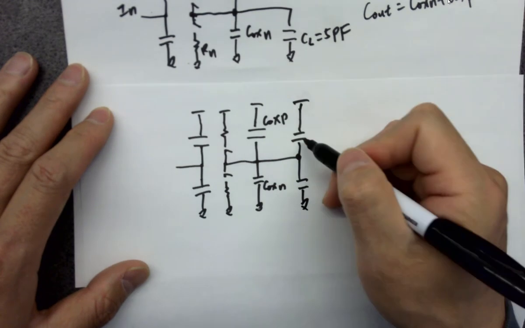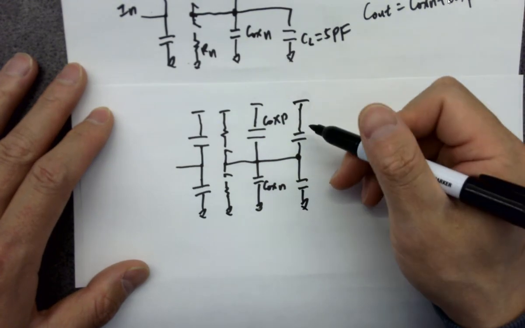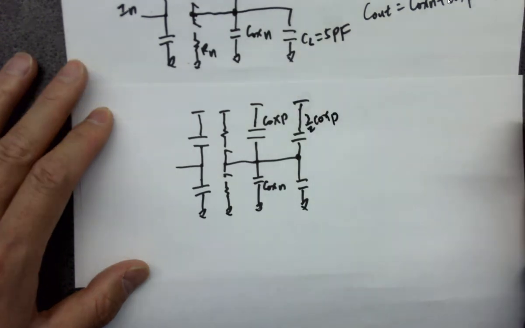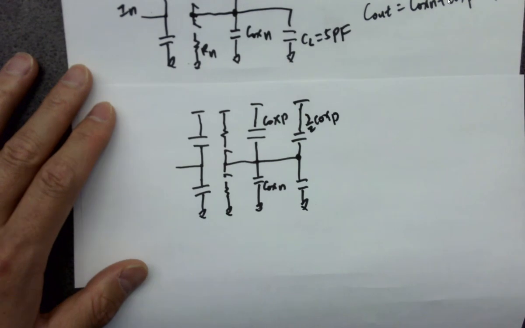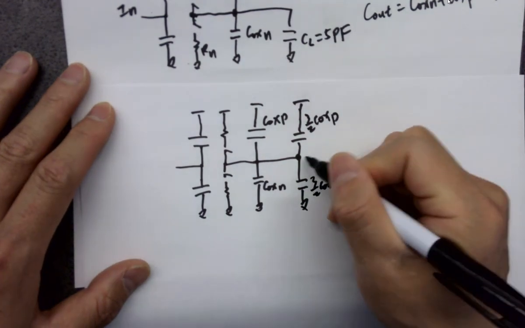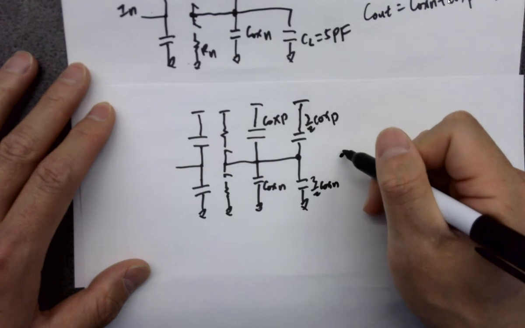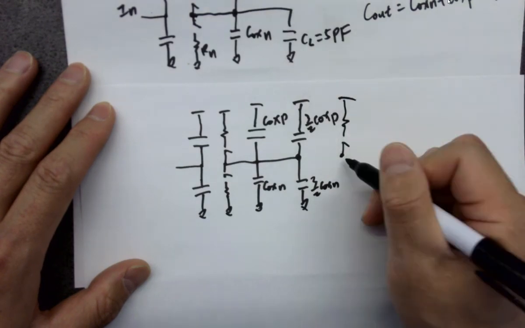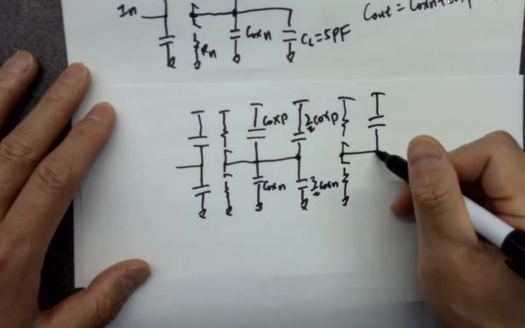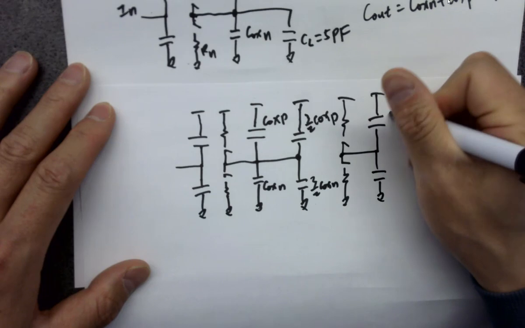For the second one, the input capacitor on the top is what? 3/2 of CUXP, right? Gate disconnected. That's the output caps.